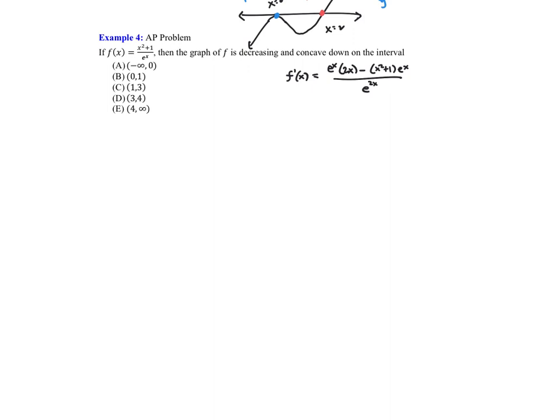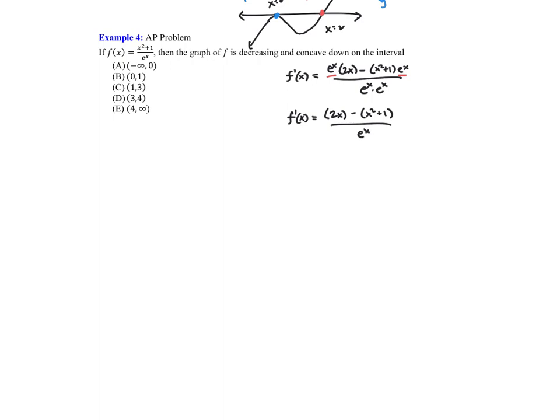Okay, let me do a quick, cool simplification. You've got an e to the x in both terms in the numerator, and I have an e to the x in the denominator. Technically speaking, I have e to the x times e to the x. So watch this. Because I have e to the x in both terms in the numerator, as well as at least one of them in the denominator, I can rewrite this as 2x minus x squared plus 1 all over e to the x.